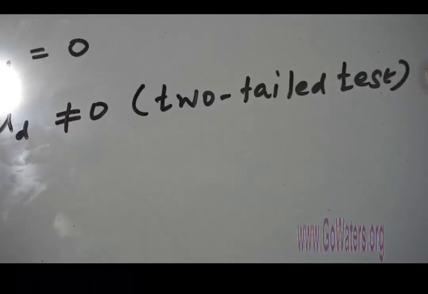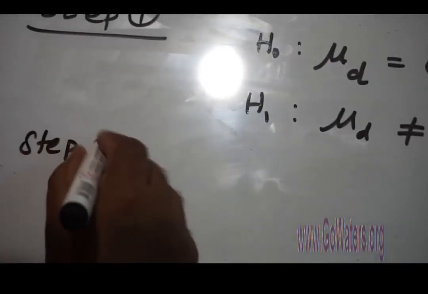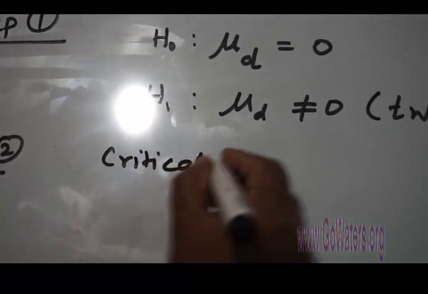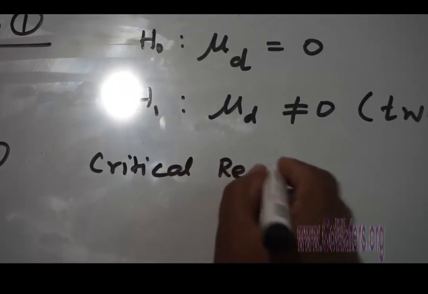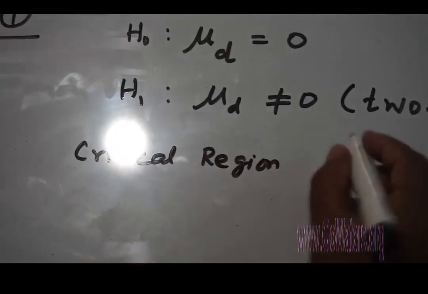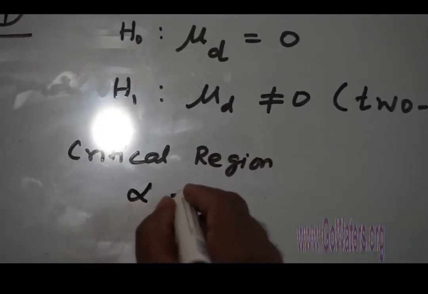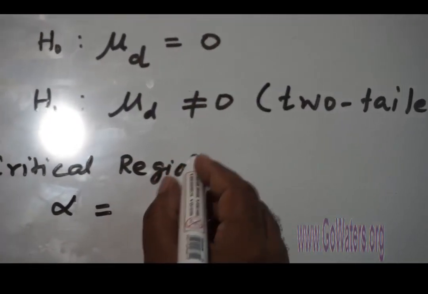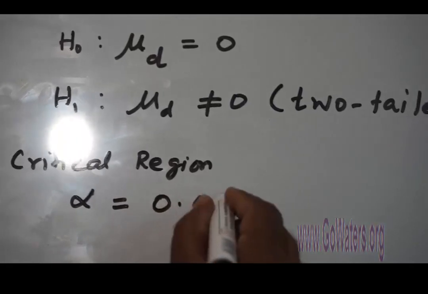And the level of significance, step 2. You need to define the critical region. The level of significance alpha is tested at 1% significance level, so it is 0.01.